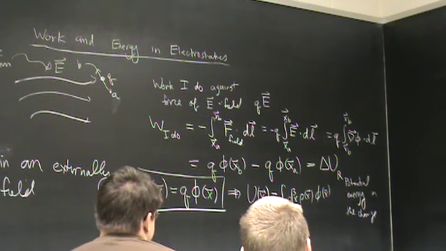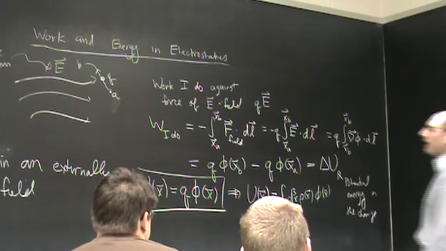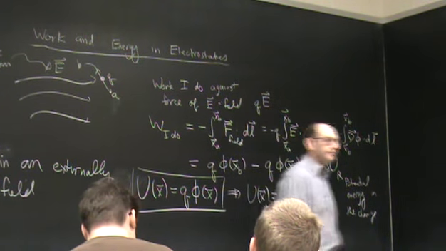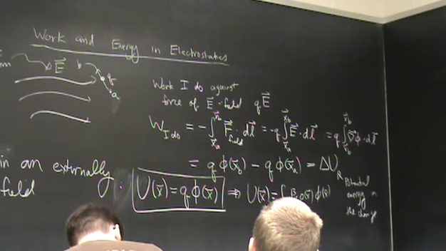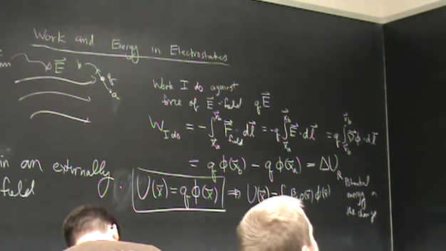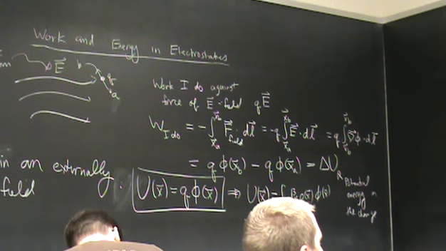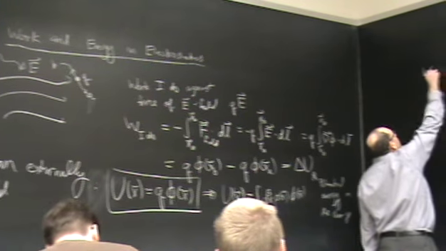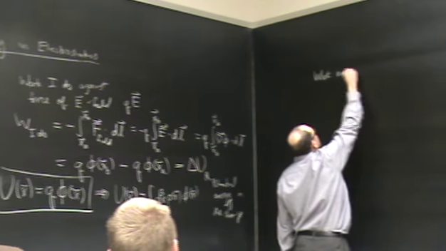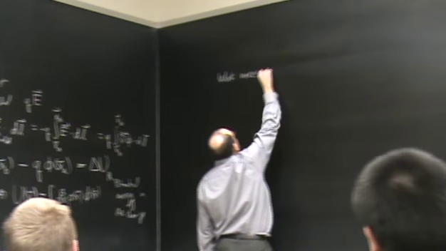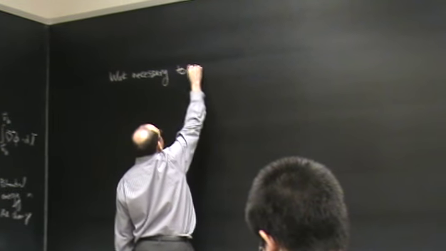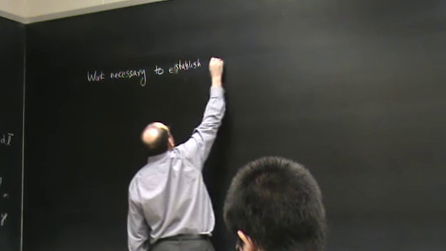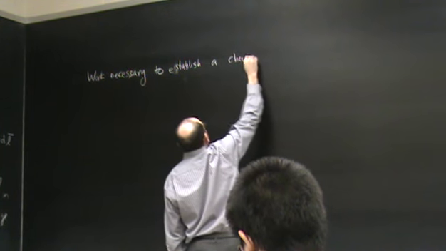Again, this is the potential energy of a charge distribution in an external field. Now there's a slightly different concept, and a very important concept in electromagnetism, which is the work necessary to establish a charge distribution.